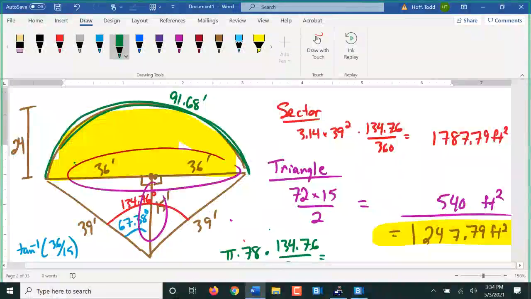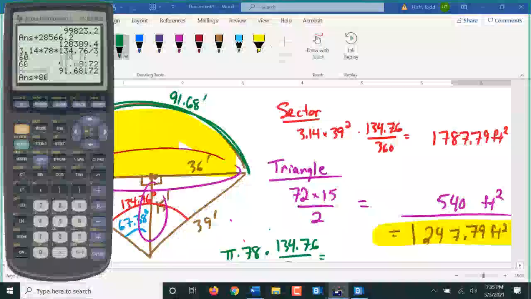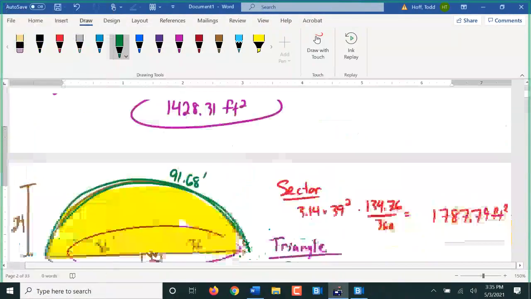That arc of the roof also goes through 80 feet. Times 80 feet gives us 7,334.54.